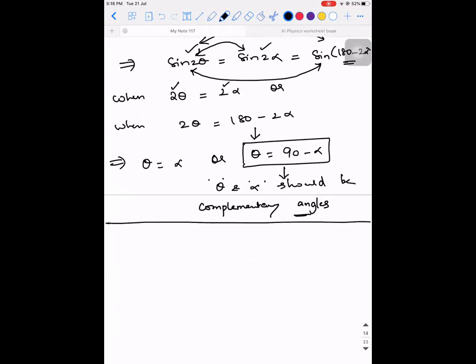So these are all the concepts. And the next important point related to projectile motion is the equation of projectile.